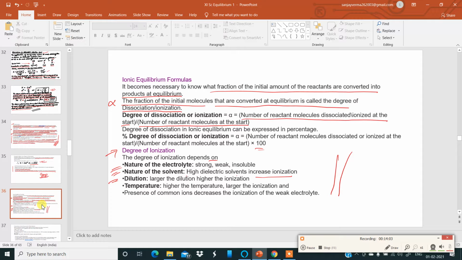Dilution: larger the dilution, higher the ionization. Temperature: higher the temperature, larger the ionization. And the presence of common ions decreases the ionization of the weak electrolyte. So these are some concepts to understand. Try to remember this. Learn this part. The degree of ionization depends upon these few factors, like nature of the electrolyte, nature of the solvent, dilution, temperature, etc.